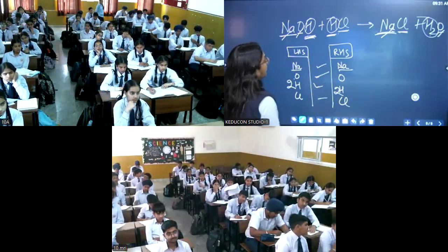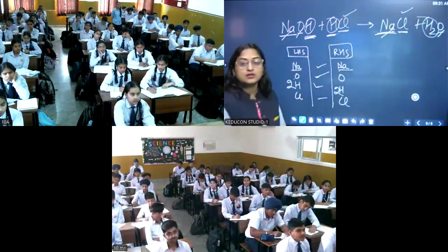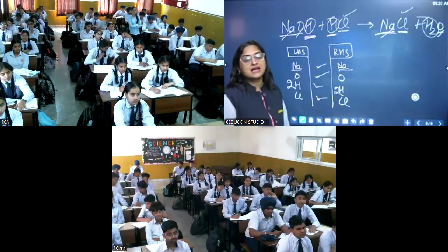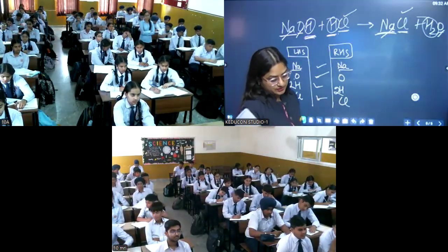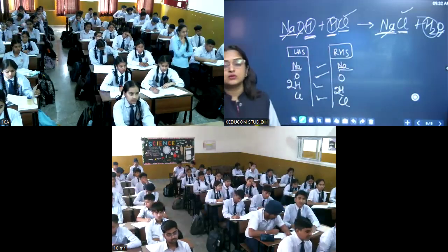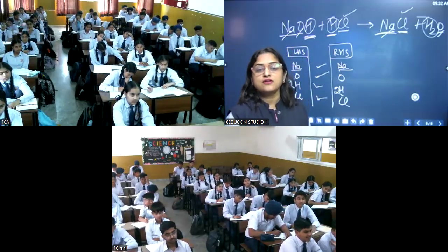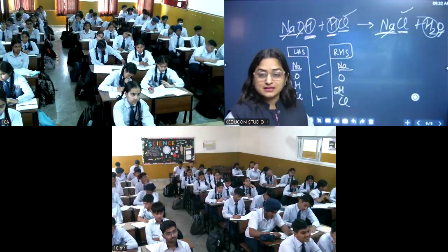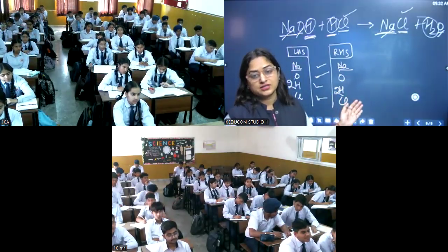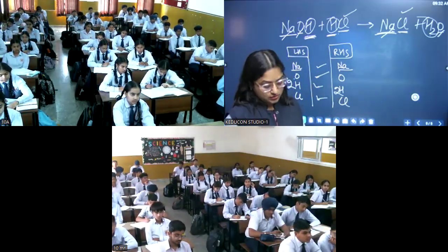So they are also equal, and one chlorine atom on LHS and one on RHS. So this is also equal. So this is a balanced chemical equation because the number of atoms on left hand side is equal to the number of atoms on right hand side. So we'll practice a number of equations like this to check whether the number of atoms on LHS and RHS is the same or not, whether they are following the law of conservation or not.